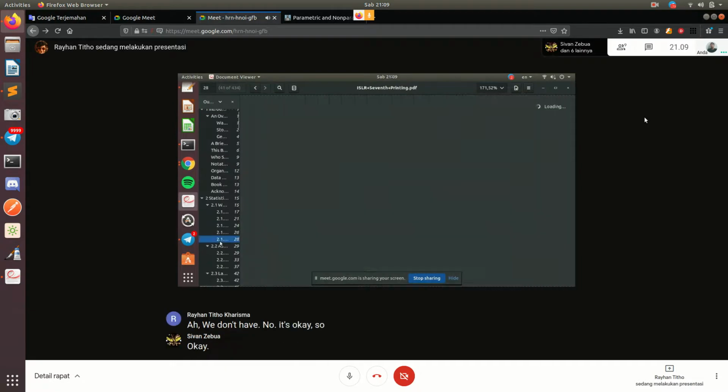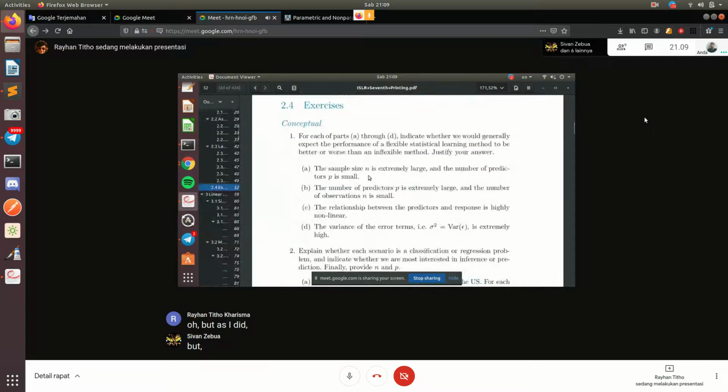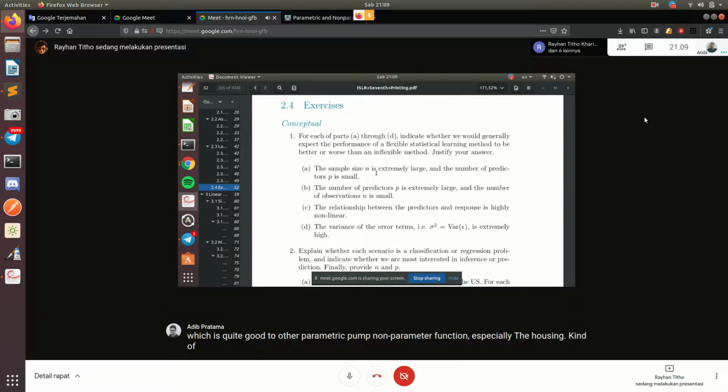How about Asadip? When the sample size is large, in terms of training data, we do have a lot of training data, which is quite good for non-parametric functions, especially deep neural networks.